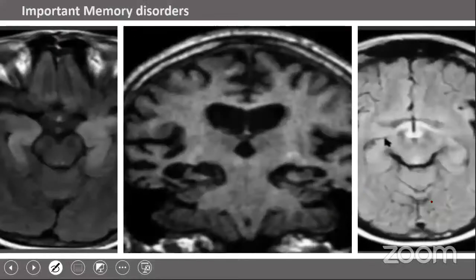So you can see the various disorders that can affect the memory. This is the limbic encephalitis or herpes simplex encephalitis, which is affecting the mesial temporal lobe.